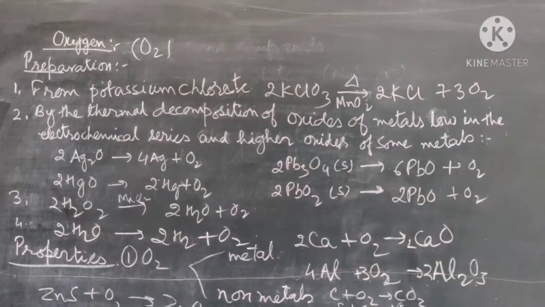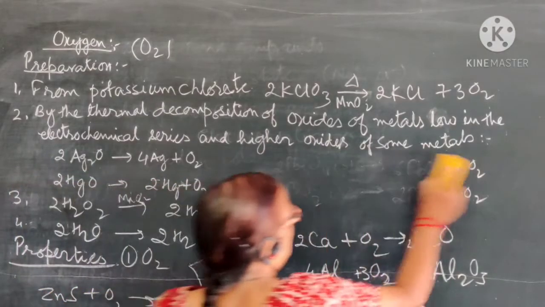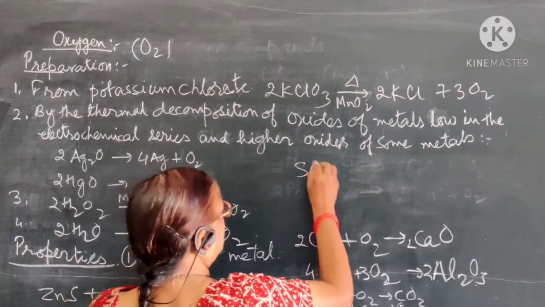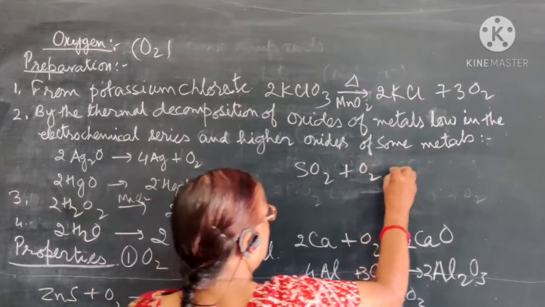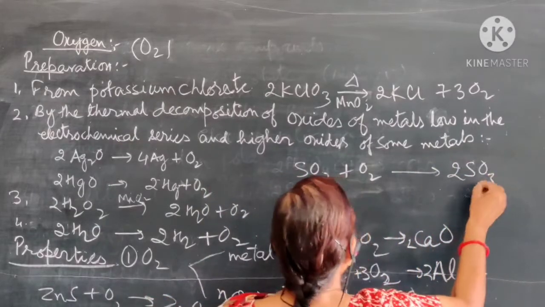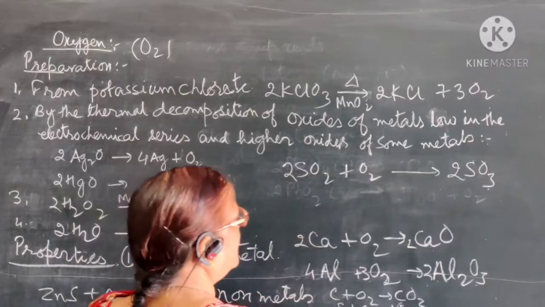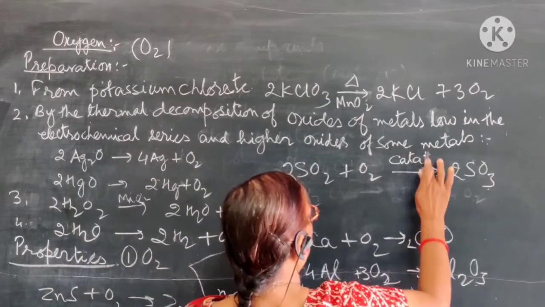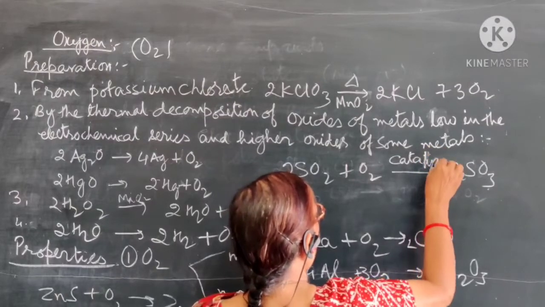There are some reactions in which the oxidation takes place in the presence of a catalyst. Then it is called catalytic oxidation. In catalytic oxidation, we can write the oxidation of sulfur dioxide. When sulfur dioxide is heated with oxygen in the presence of a catalyst, it is converted into sulfur trioxide.